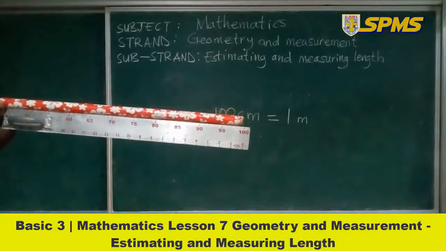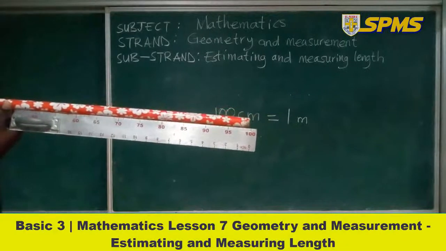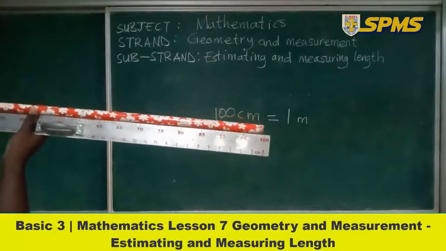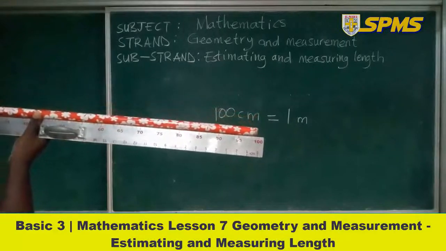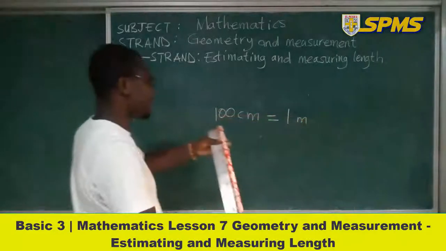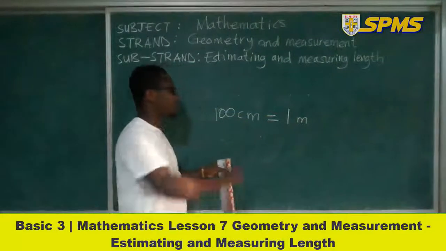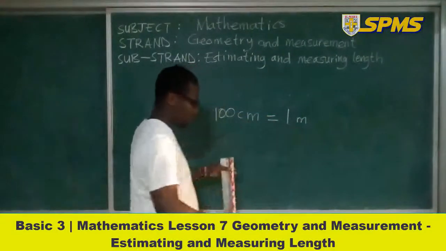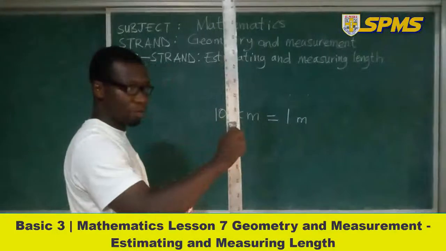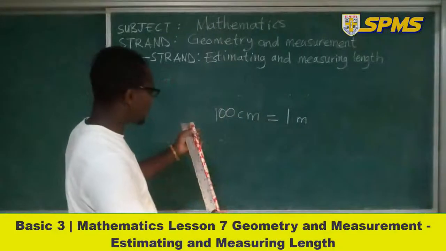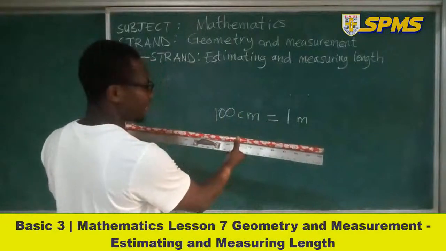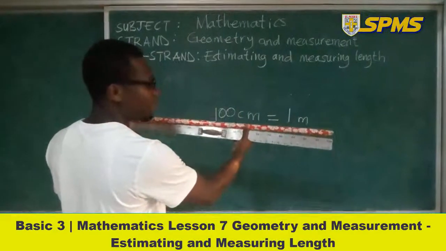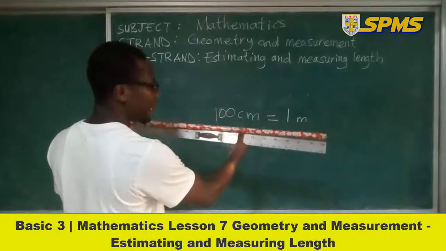It is exactly on 100, which is the same as 1 meter, like we stated earlier. So 100 centimeters is equal to 1 meter. So this is a meter rule, this is 1 meter rule. So when we measure, you realize that the mop stick measures 1 meter or 100 centimeters.